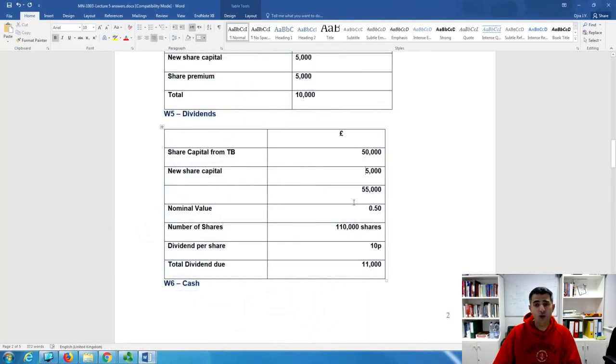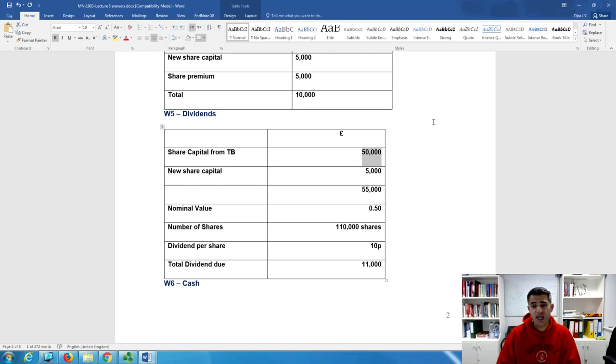In order to calculate the dividends, you first need to calculate the number of shares. When we calculate the number of outstanding shares, we calculate them based only on share capital. So share premium is not included.